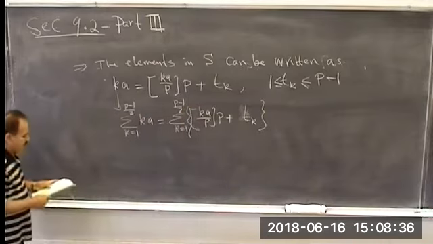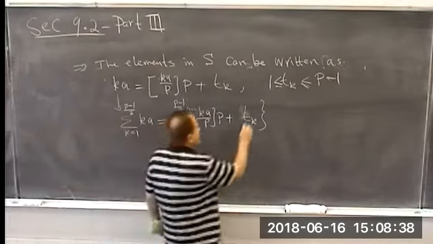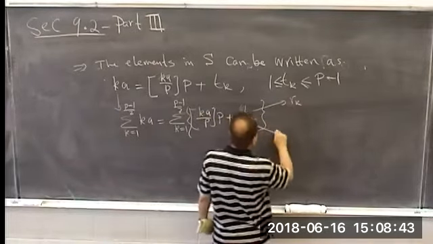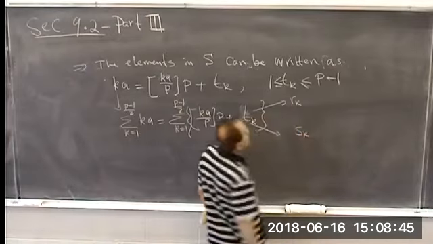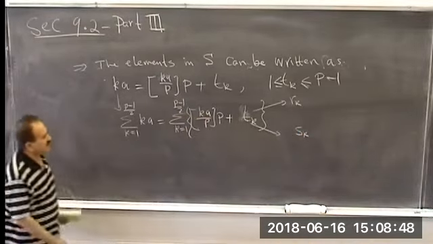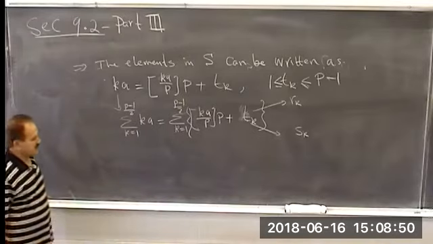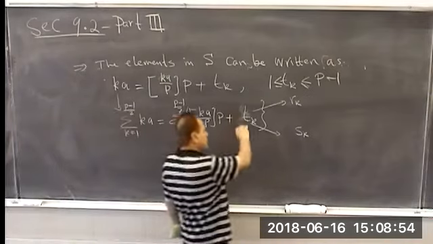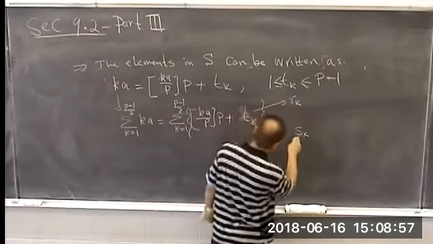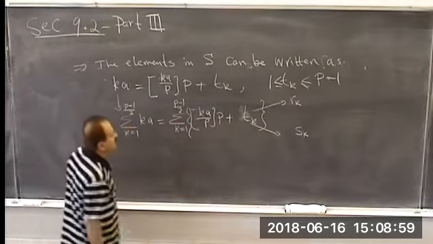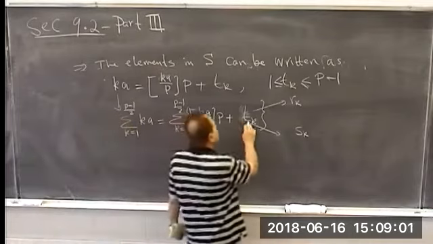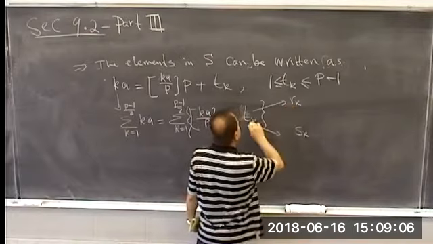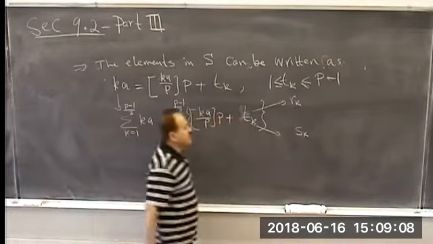Now, in this summation, remember that T sub k could be either an R or an S. So we're going to separate the summation into those that give me R's and those that give me S's, depending on whether T sub k is less than p over 2, which goes into this set, or the other ones, which go to this set.